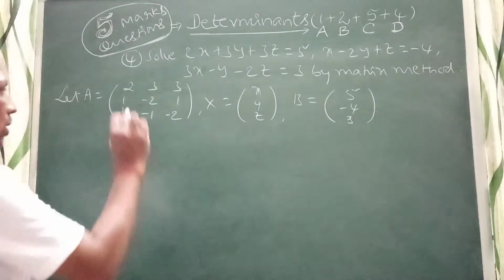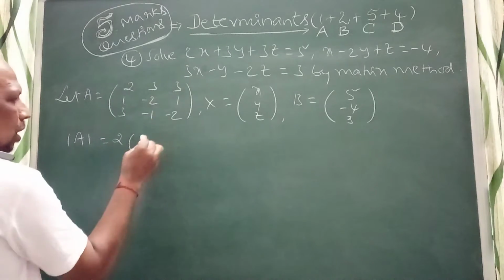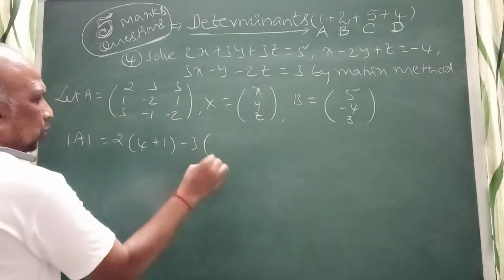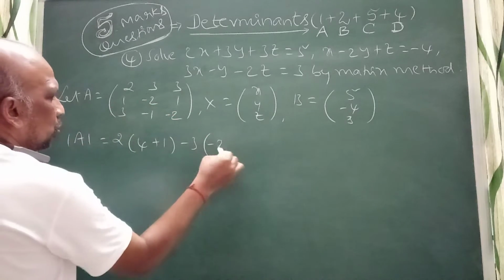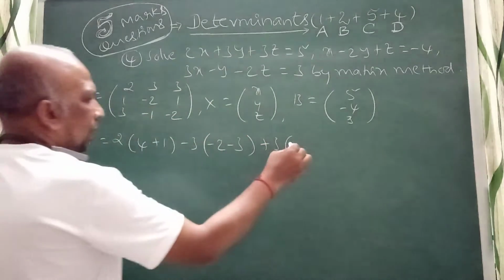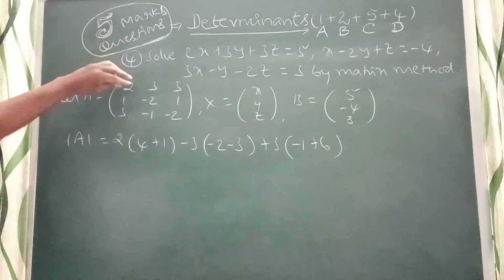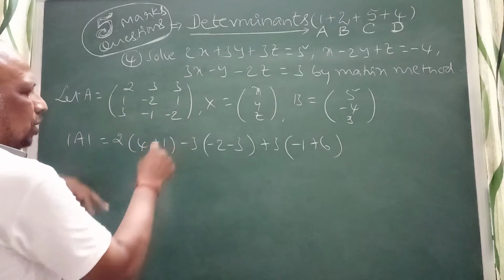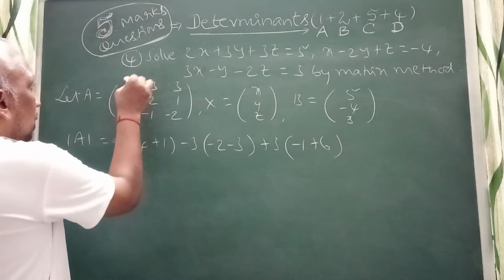Now I will find det A. When I am finding det A, 2 into, leave this row and this column, you will get 4 plus 1, minus 3 into, leave this row and this column, minus 2 minus 3, plus 3 into, leave this row and this column, minus 1 plus 6. I will explain again. When you are expanding a determinant, you always start with plus, right?